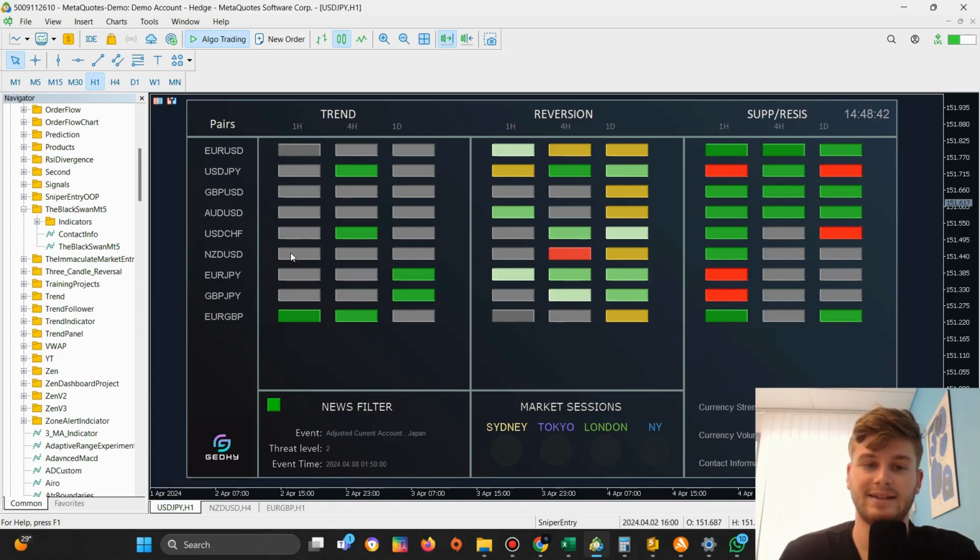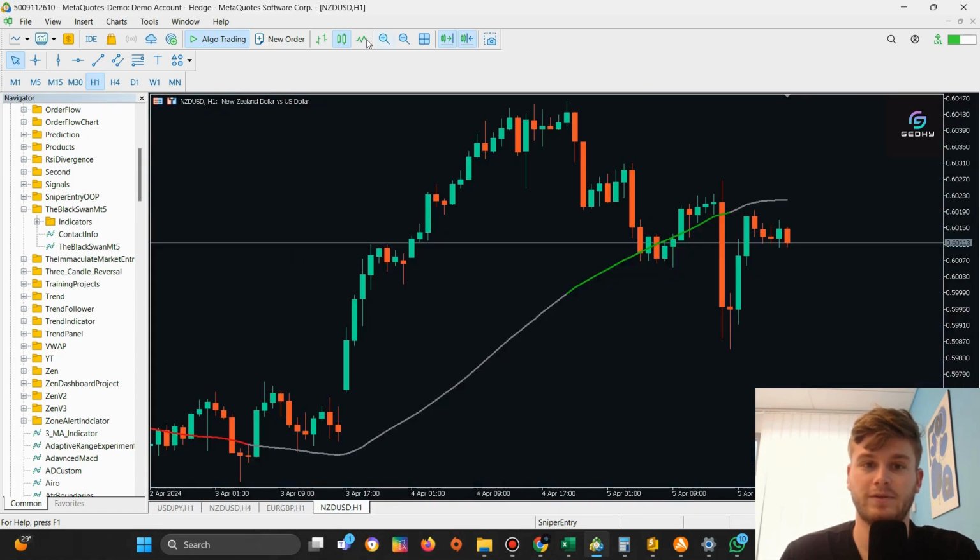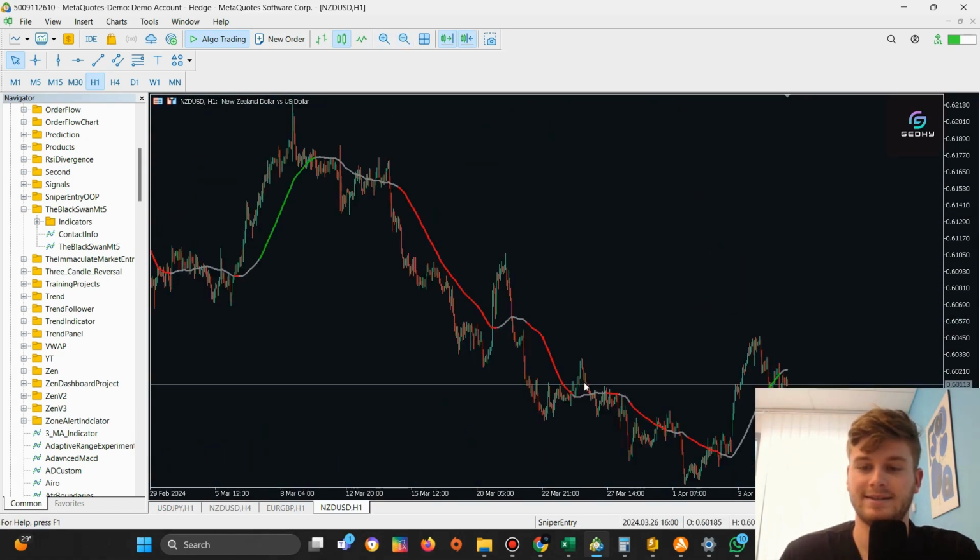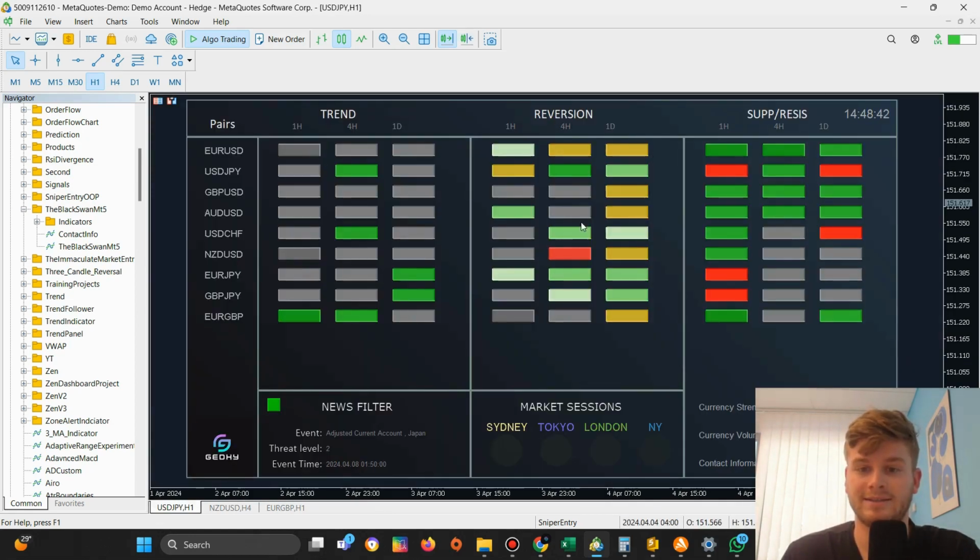Here we can see that there's a sideways trend. If we check the chart, there was this downtrend, a correction, and now a sideways trend. And what I will be looking for is this deviation. The red color indicates that the price deviates downwards from its current mean price.